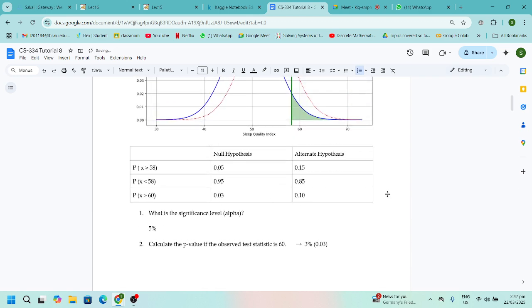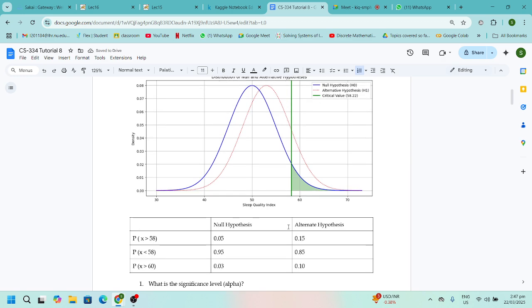On the other hand, if my observed statistic was, suppose, 55, I can just look at the graph and see it is towards the left of my green line, which means the p-value must be more than 0.05, in which case I would fail to reject the null hypothesis.